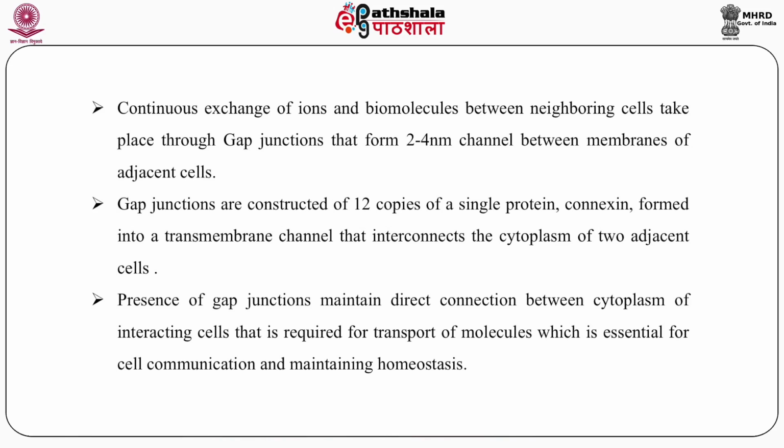The presence of gap junctions maintains a direct connection between the cytoplasm of interacting cells that is required for transport of molecules, which is essential for cell to cell communication and maintaining homeostasis.